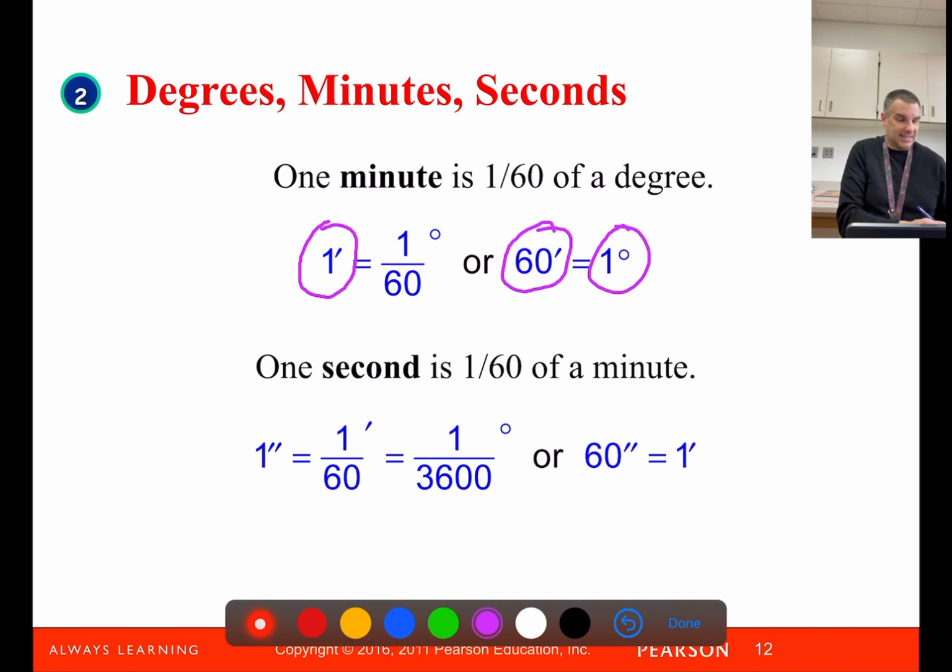And 60 seconds is equal to 1 minute. Obviously you know that.